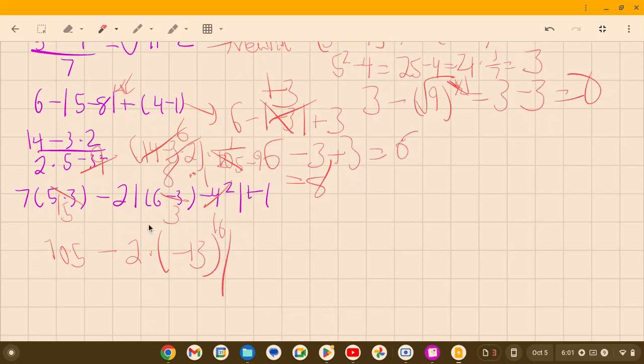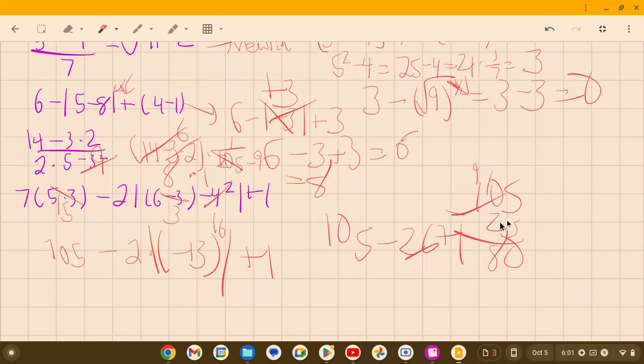Absolute value plus 1. So 105, absolute value 13. 26. It's positive, so -26. 105, 26 plus 1. It's 105 minus 25. 80. All right, so if I did it right, let's see.